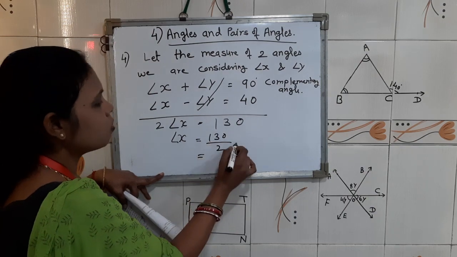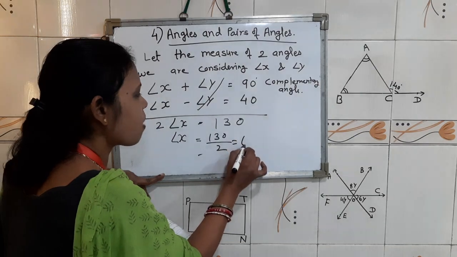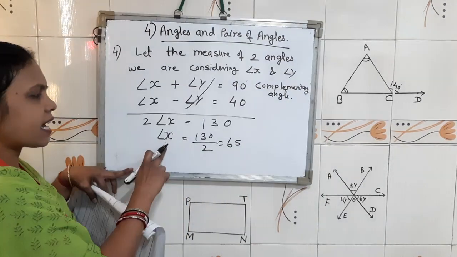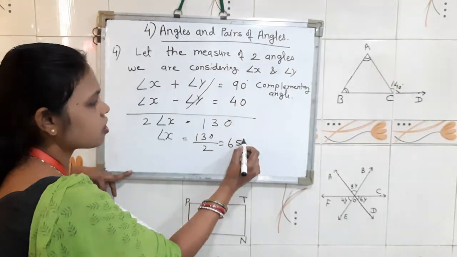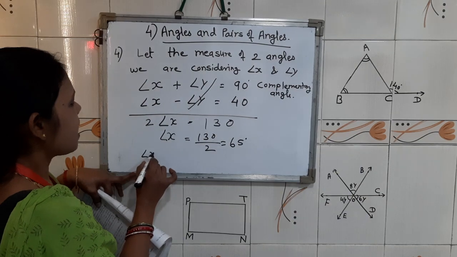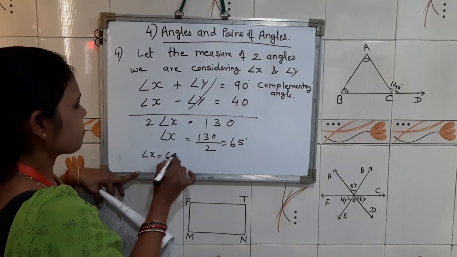Then 2 sixes are 12, 2 fives are 10, which means angle X equals 65 degrees.